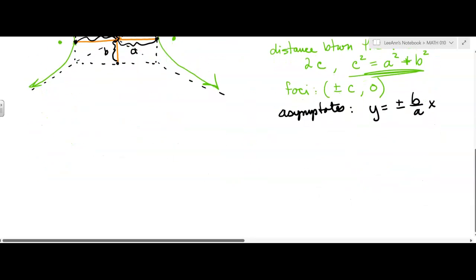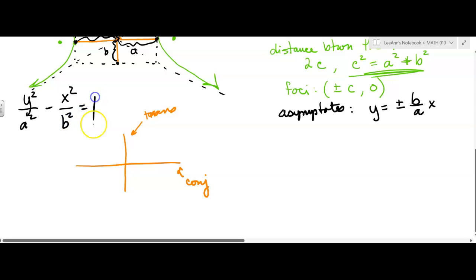And now we can do an up and down one. We're still going to have a transverse axis, which is going to be up and down, and a conjugate axis, which is going to be side to side. Now notice it doesn't matter which one's bigger, okay? So this time, this is the transverse axis. Oops, trans, and this is the conjugate. Okay, now I didn't write the equation and I need to do that. This is for y squared over a squared minus x squared over b squared equals 1.